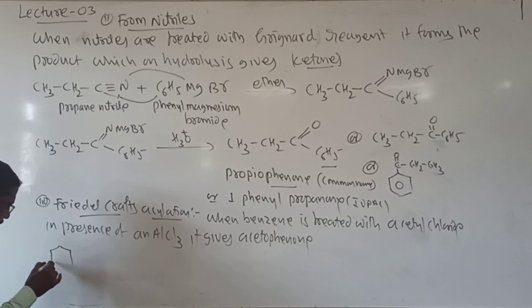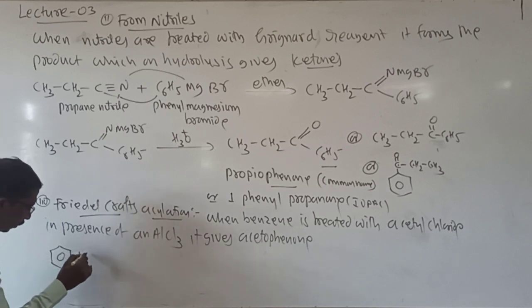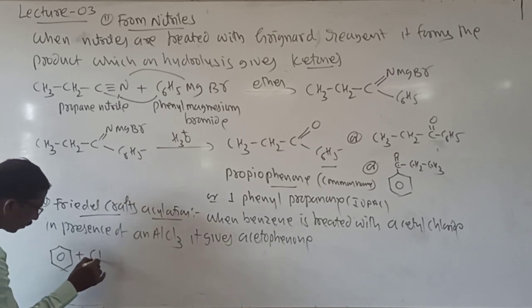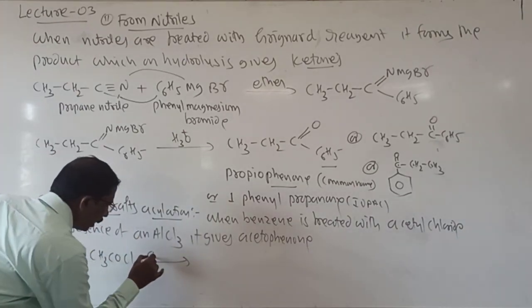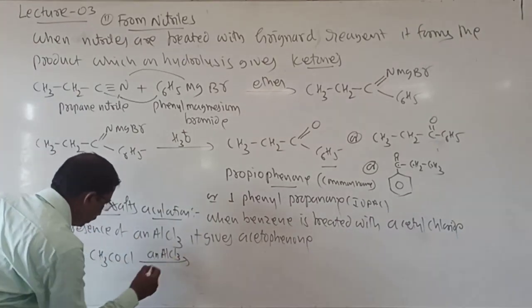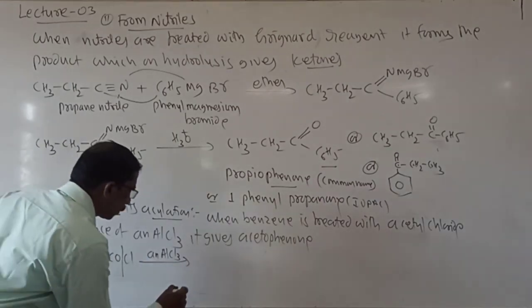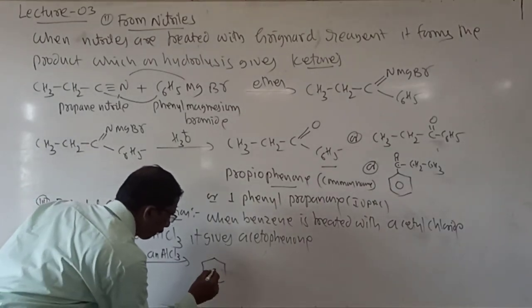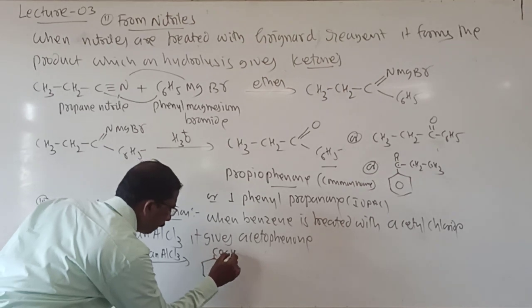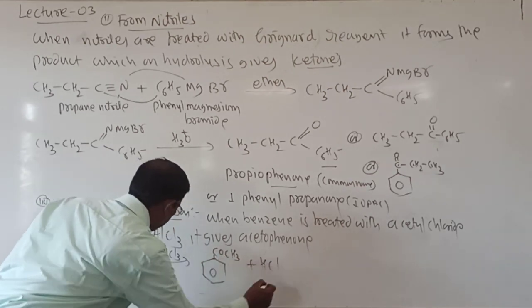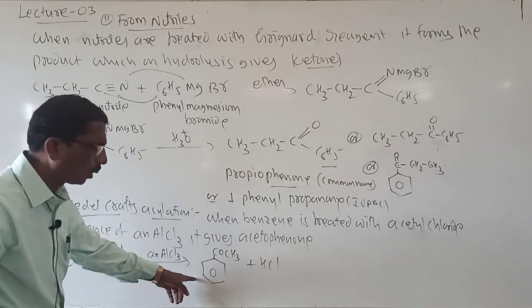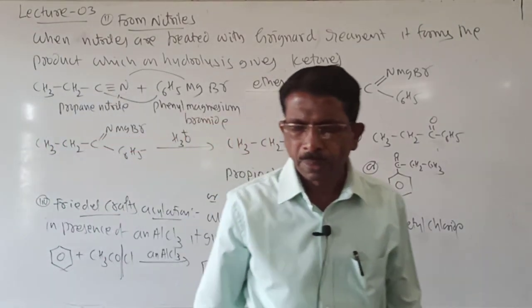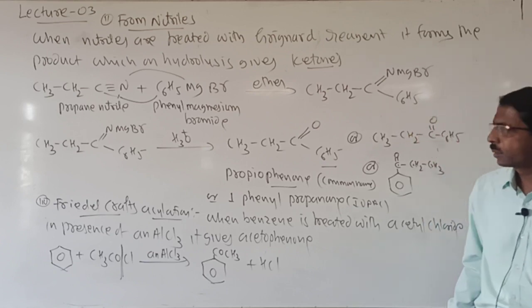Look here, acetyl chloride in presence of anhydrous aluminum chloride, so it forms... here it breaks and then HCl is removed. It is called acetophenone. So look here students, this is the preparation.